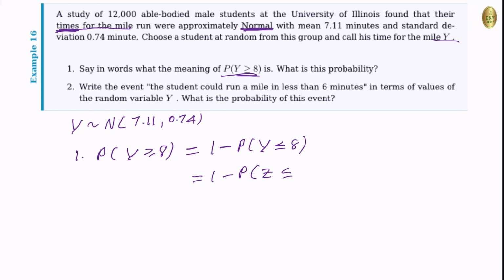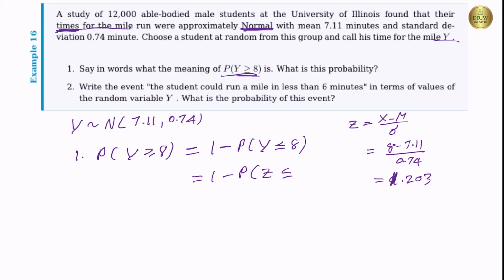Z less than or equal, okay, how do we convert to the z? You know z equals x minus mu over sigma. What is the x? X is 8 minus 7.11, then sigma is 0.74. For 3 decimals, I can say 1.203.